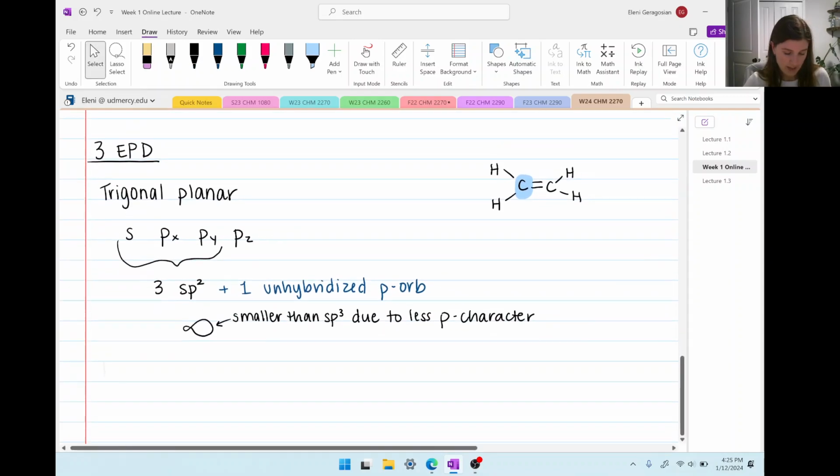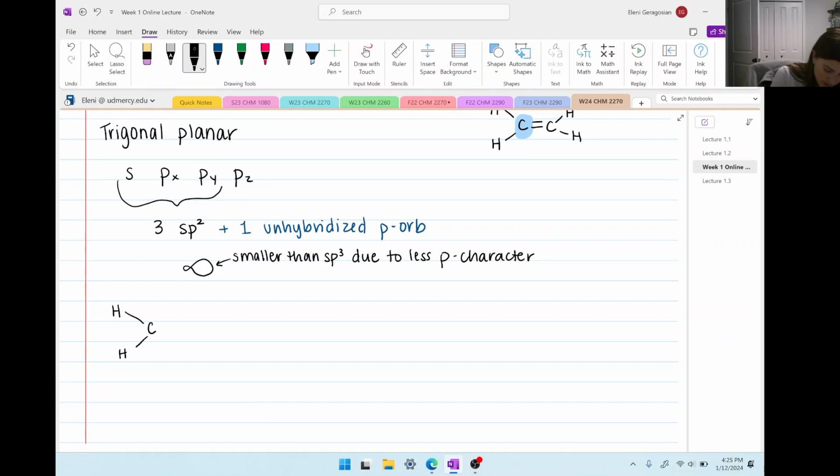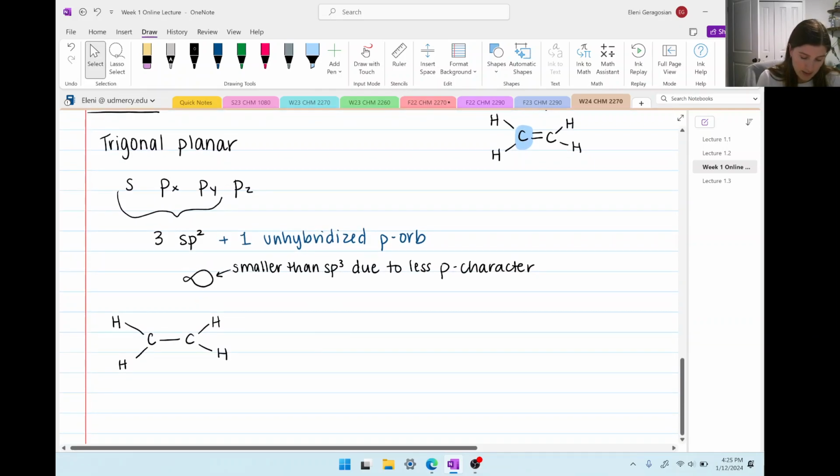So ethene, this molecule, if we draw out an orbital picture, just going to redraw the structure, but only going to draw the single bonds for now, or the sigma bonds. Now each of the carbons in ethene are sp2 hybridized.